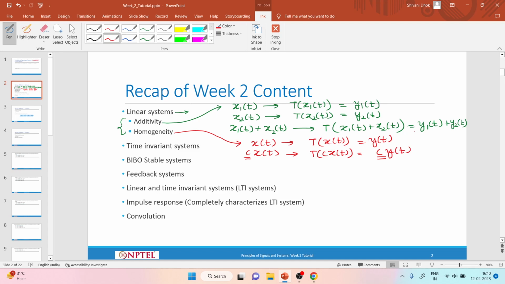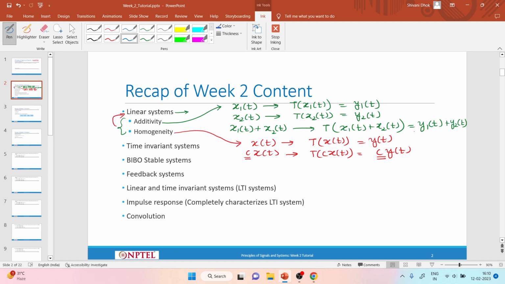Like if I scale the input by 2, my output should also be scaled by 2. It shouldn't be some different constant, it should be the same constant. If this is satisfied, then the system is homogeneous, and if a system is additive and homogeneous, then such a system is known as a linear system.